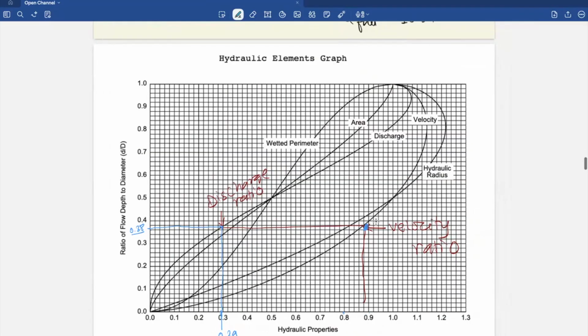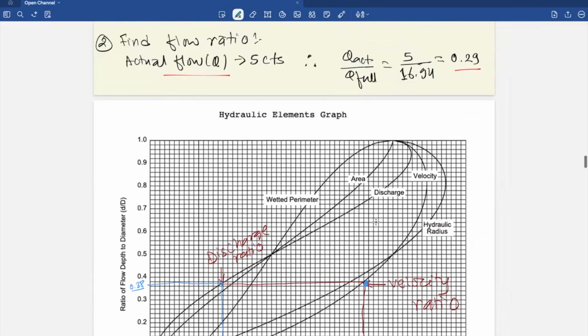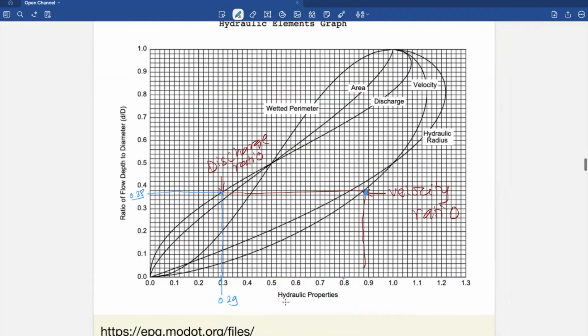Since our ratio is 0.29, we will be using the hydraulic property at 0.29 here, and when we align horizontally, it will be around 0.38. So our depth to diameter ratio is 0.38.